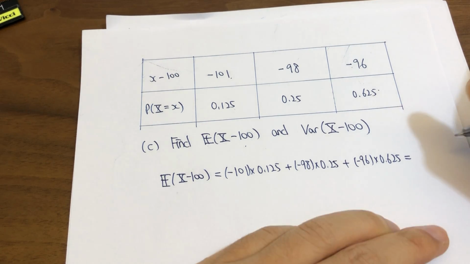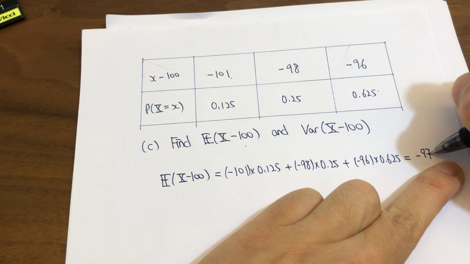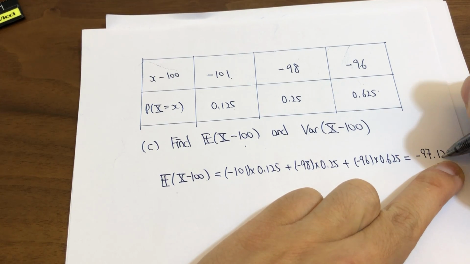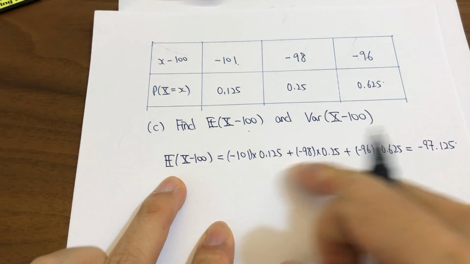So we have -97.125. So this is the expected value.